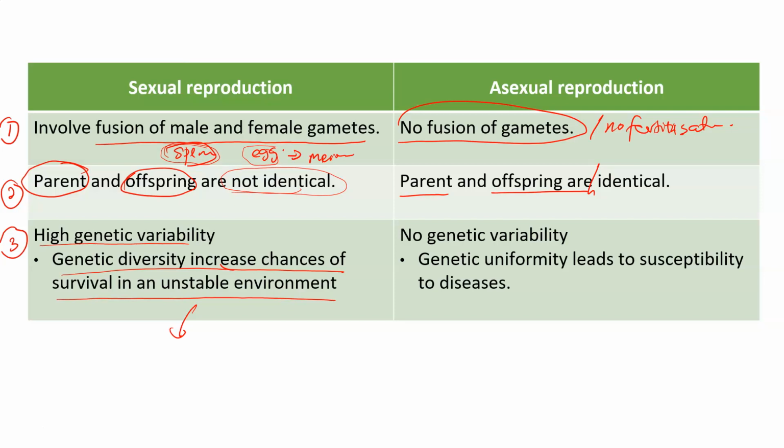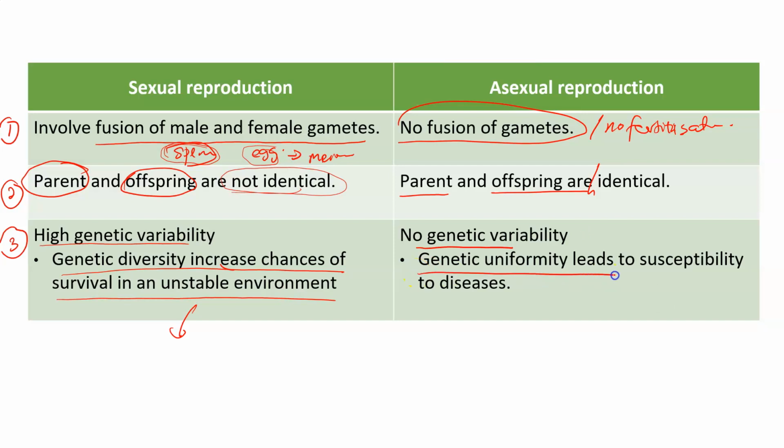We can live in diverse environments because of our genetic composition that allows us to survive in different conditions. For animals that practice asexual reproduction, they have no genetic variability, so the genetic composition is the same.